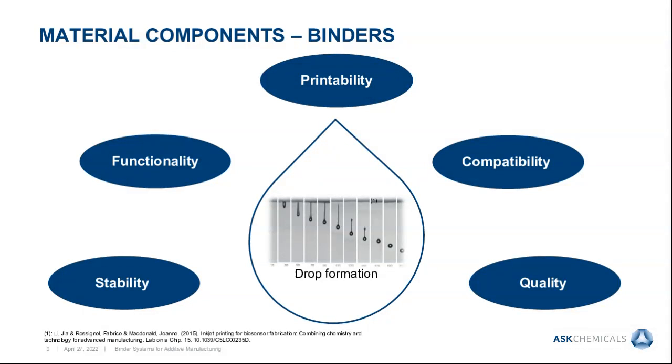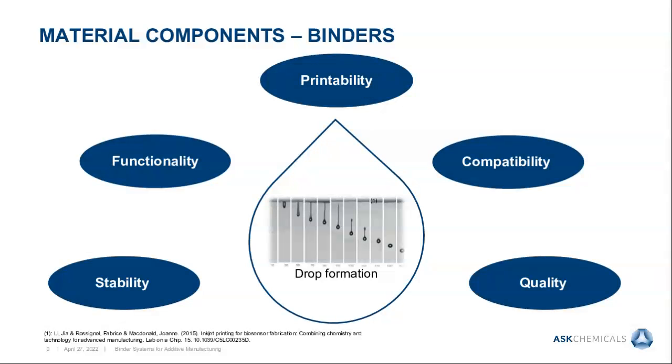This, for one, would be printability, which can be described as a combination of physical properties like viscosity, surface tension, or density. Compatibility refers to the binder being compatible with the printing equipment, so that there are no degradations over time or harmful reactions between binder and printing equipment.